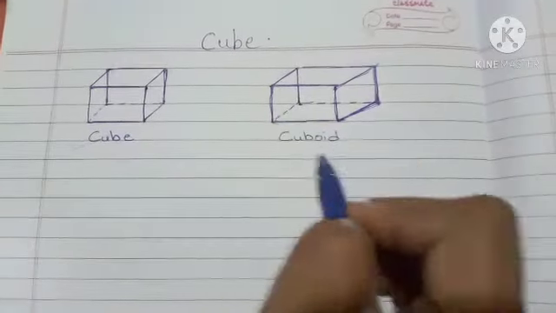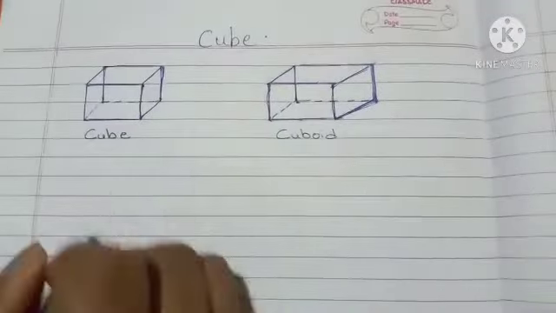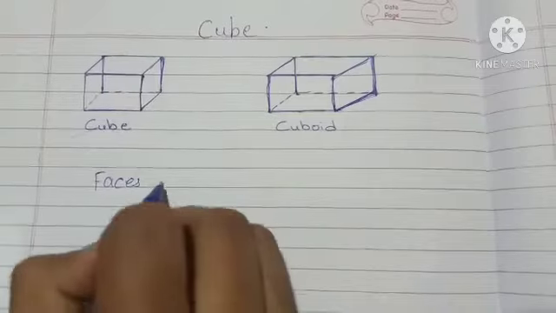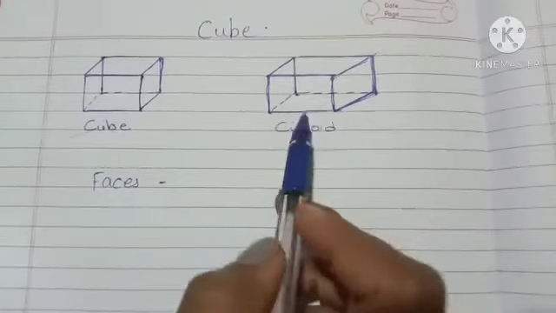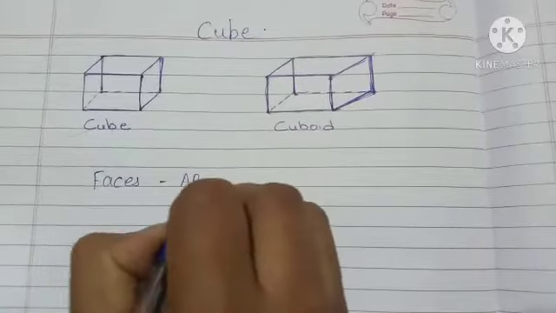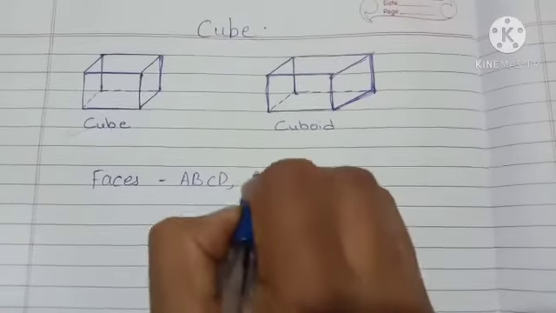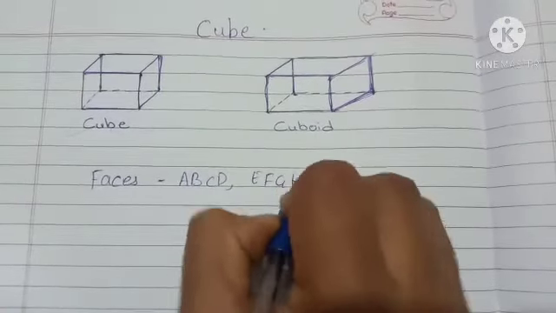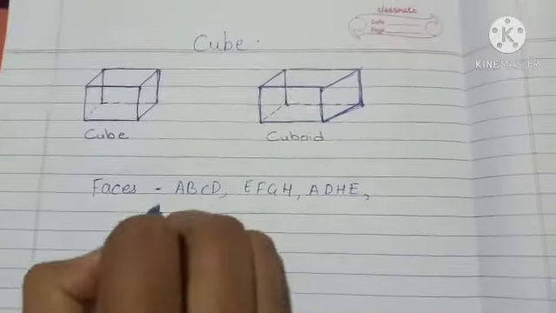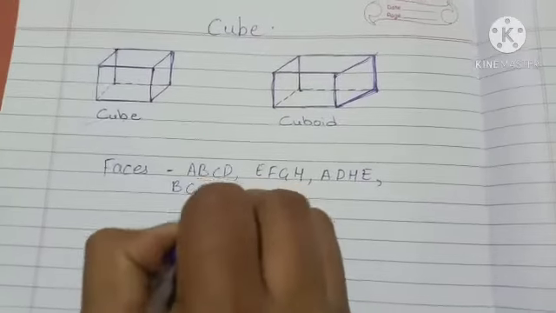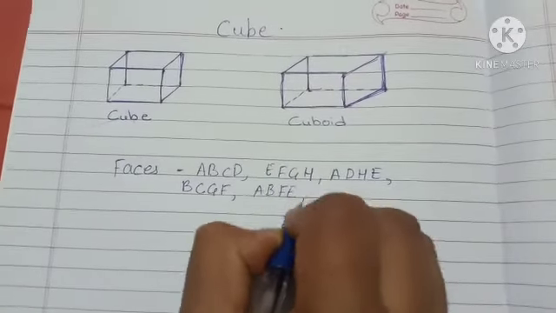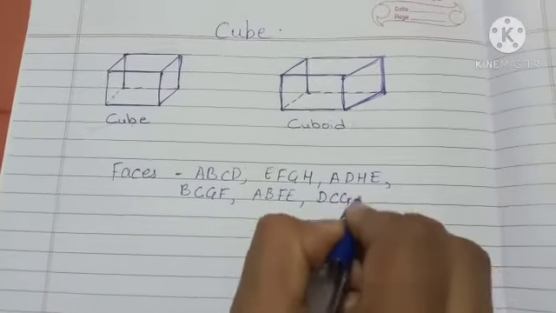So whatever we have learned about the cuboid, that means we have learned about the faces, right? So faces for cuboid, as we have discussed, were ABCD, EFGH, ADHE, then BCGF, ABFE, and DCGH.